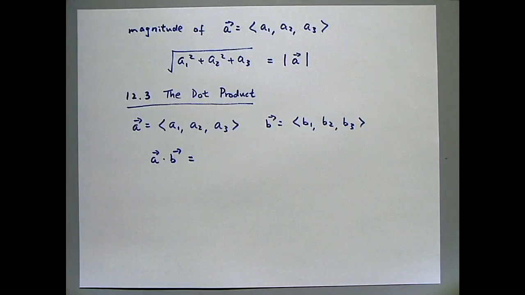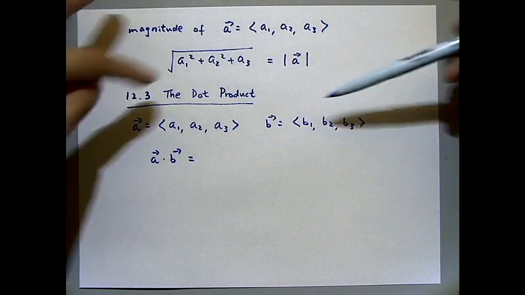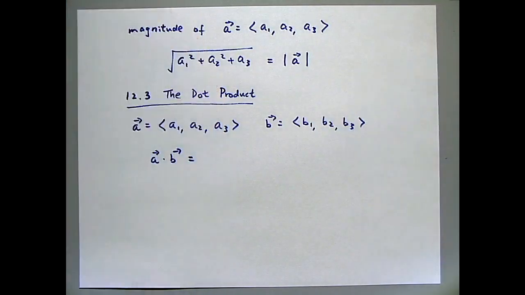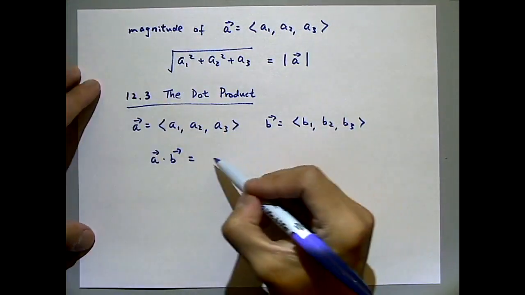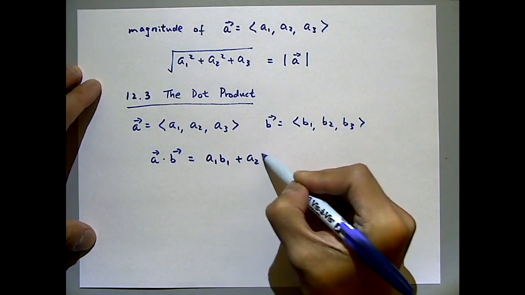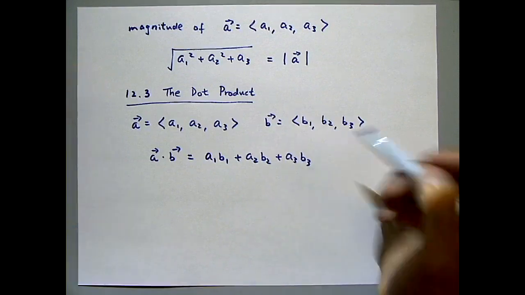How do we find the dot product of these two? Very good. So we multiply the x components together, multiply the y components together, multiply the z components together, and then add them all together. Right? Remember that? So this is A1 B1 plus A2 B2 plus A3 B3.